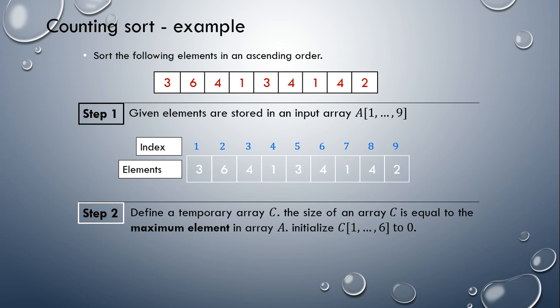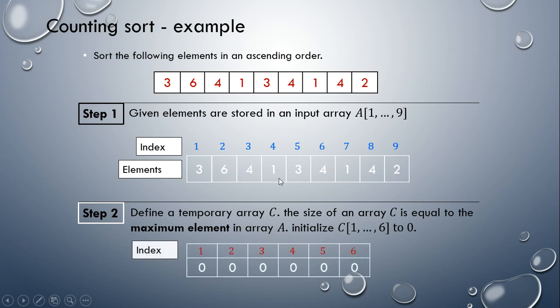So the range is 1 to 6, and initially all counts are 0.